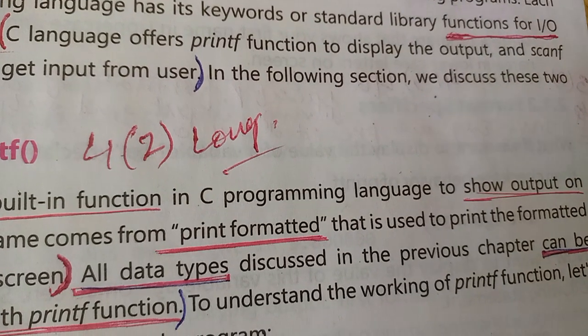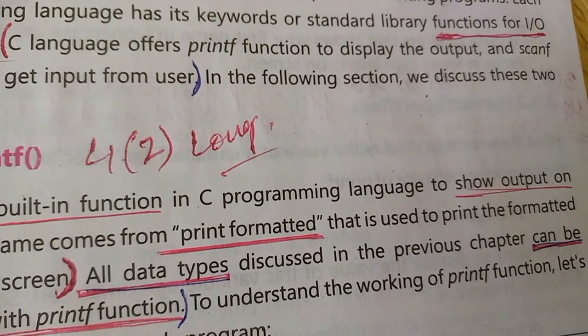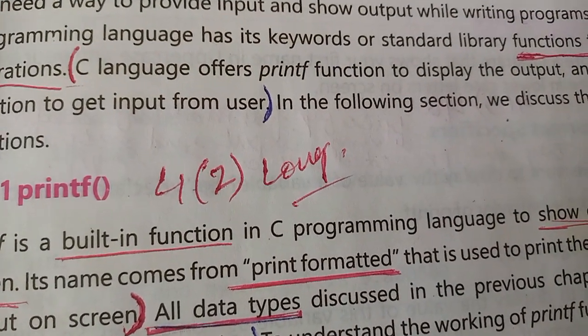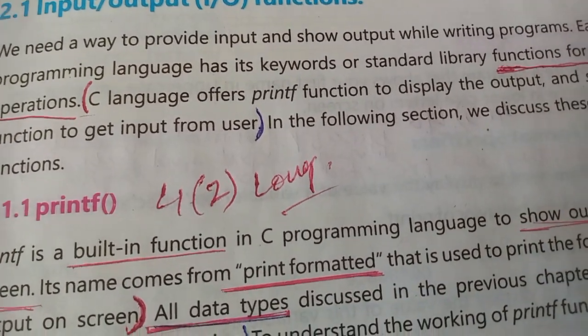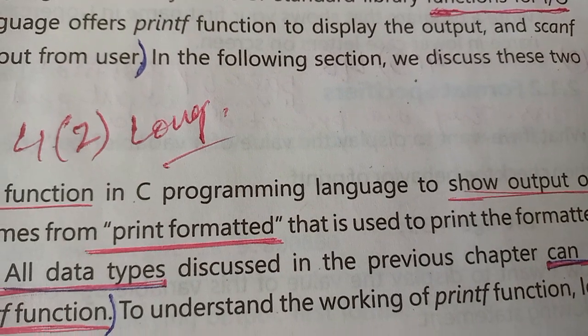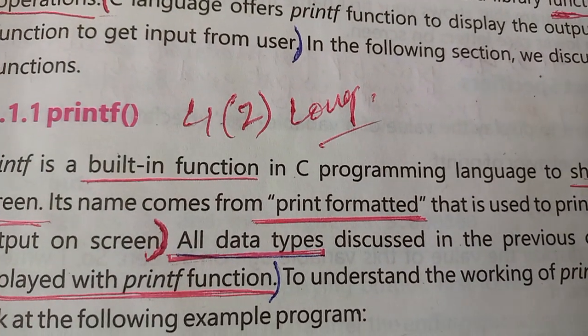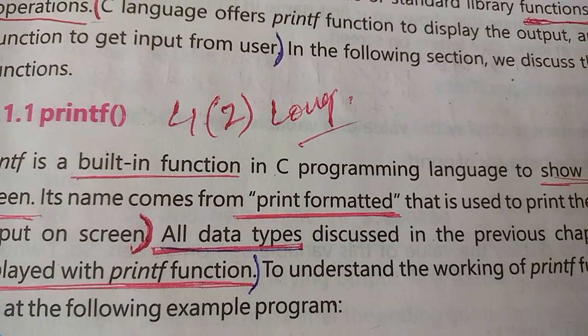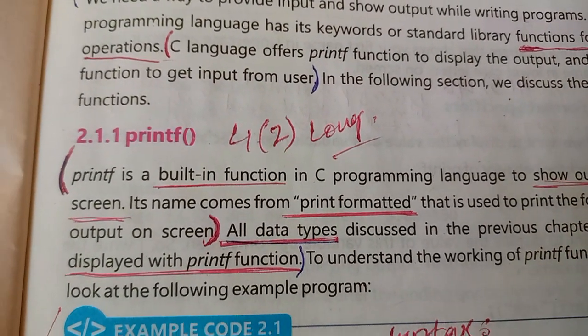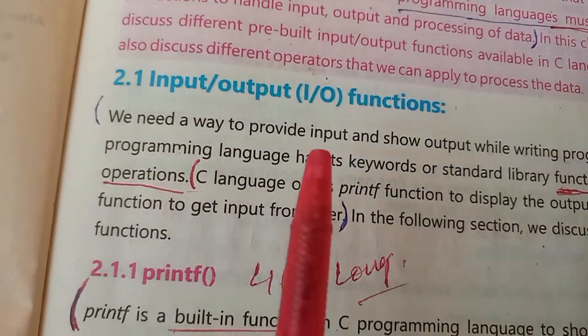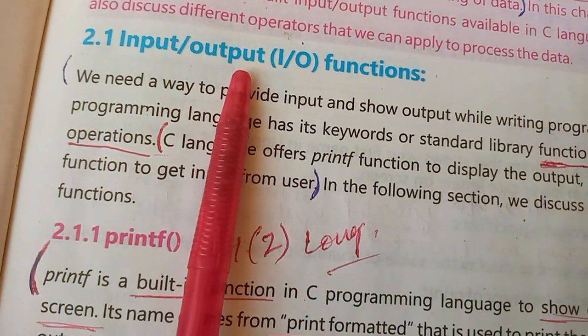C language also offers the printf function to display the output, and the scanf function is used to get input from the user. So here is the definition of input and output functions.